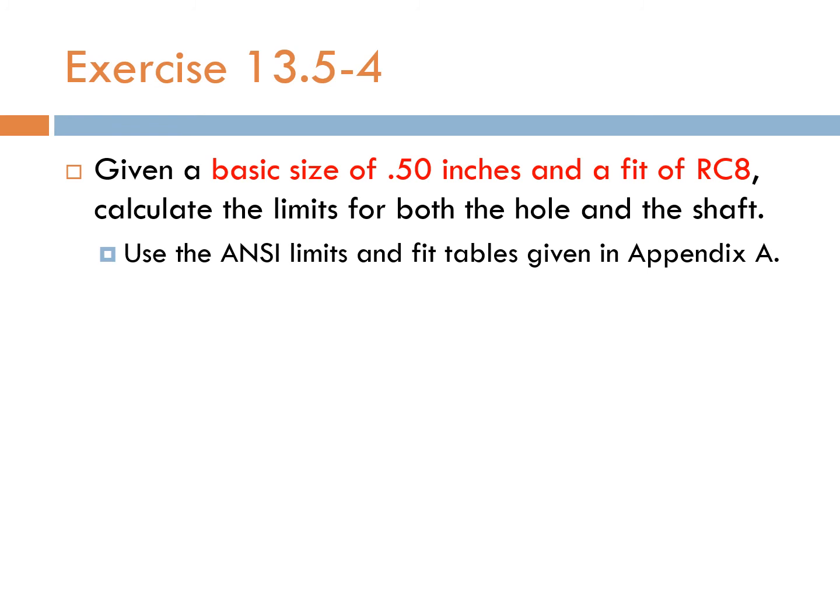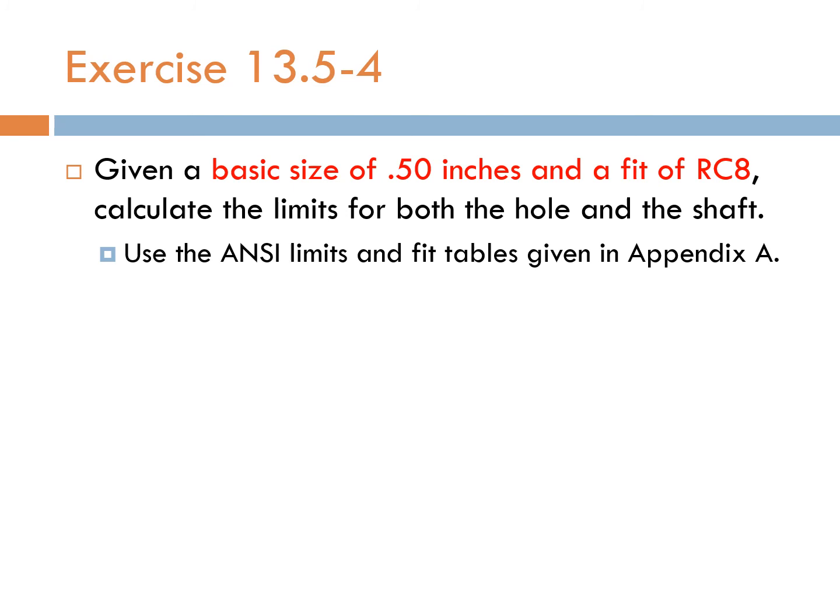Now in the Appendix A, there are two different unit systems. One is for inches and the other one is for metrics. The way to distinguish is by looking at the acronym they give you. So the RC is based on inches.